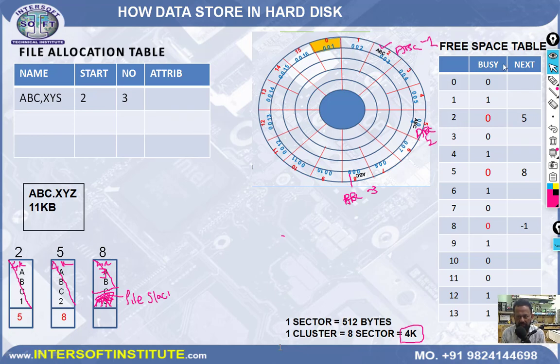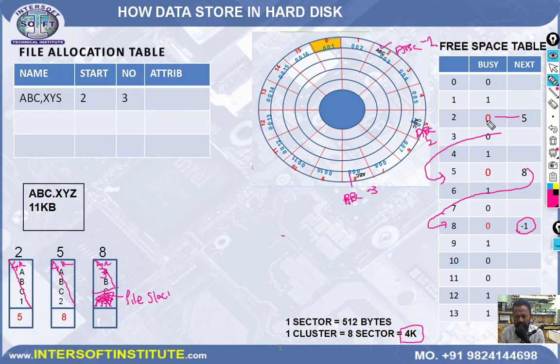There is a free space table where we have all the cluster addresses, and since cluster 2 is occupied, it is marked as 0. Then the next cluster where he has to skip is marked as 5. Next he will go from here to 5, then to 8, and here is a stop, meaning my file ends.